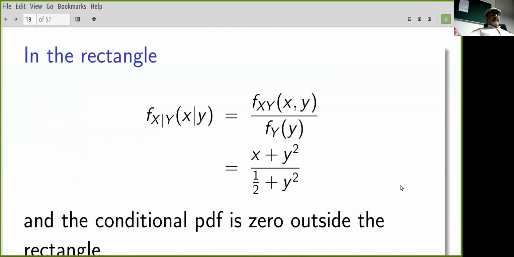Okay, so inside the unit square, right, outside the unit square, this conditional PDF should be set equal to 0. Inside the unit square, the conditional for x given y is the joint for x and y divided by the marginal for y, and inside the square this joint PDF is of the form 6/5 times (x plus y squared).